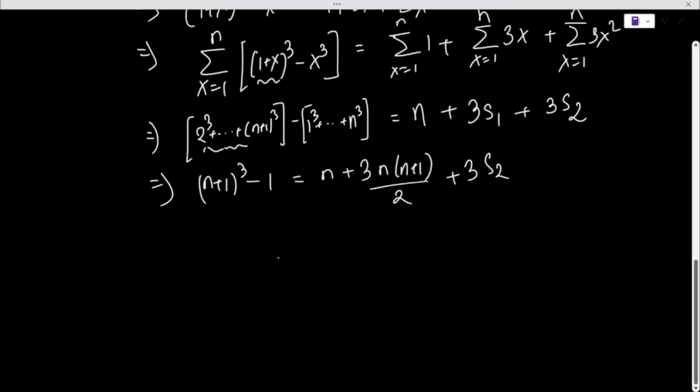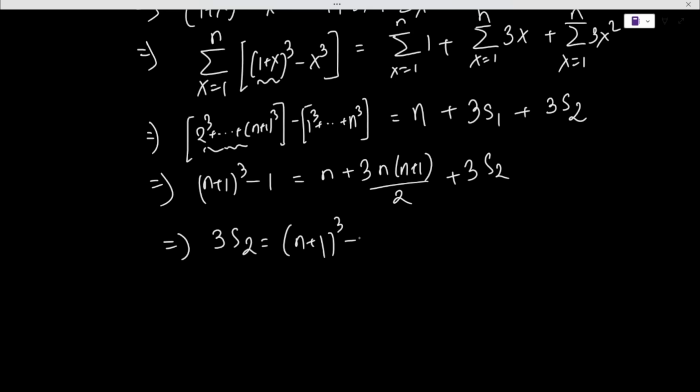Now, if you were to simply write down the value, you would get 3s2 is equal to n plus 1 whole cube minus 1 minus n minus 3n square by 2 minus 3n by 2, right?